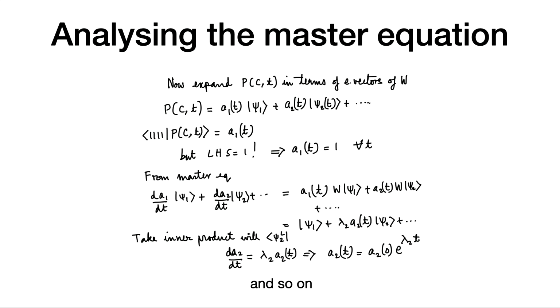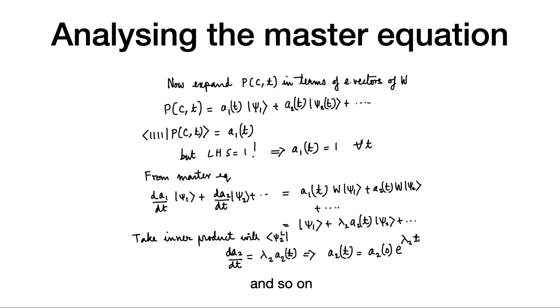Now the second thing to do is I look at the master equation. I differentiate on both sides by d by dt. On the right side I differentiate A1(t), A2(t), A3(t), and so on.